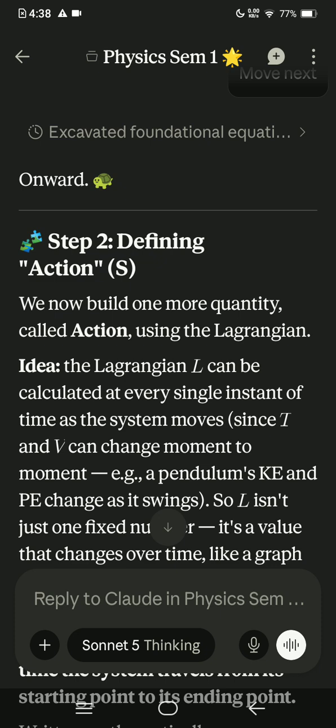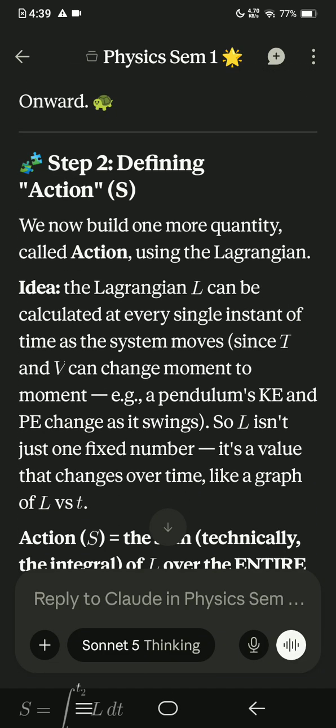We now build one more quantity called action using the Lagrangian idea. The Lagrangian L can be calculated at every single instant of time as the system moves, since T and V can change moment to moment. Example, a pendulum's kinetic energy and potential energy change as it swings.